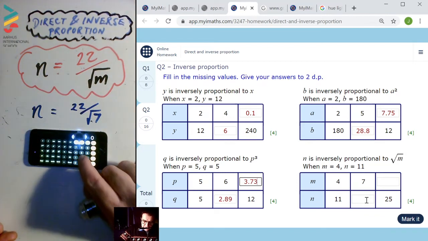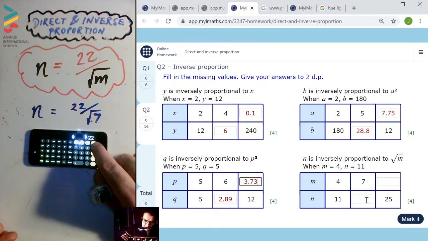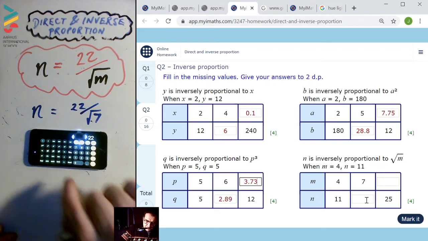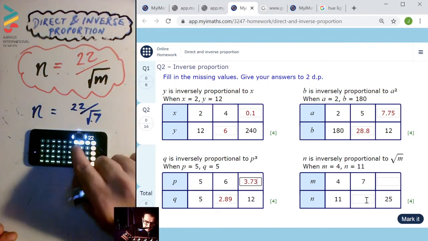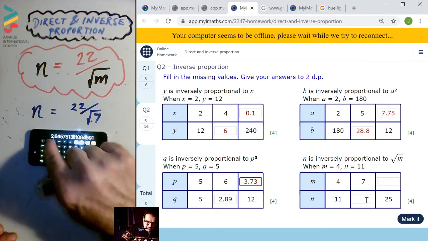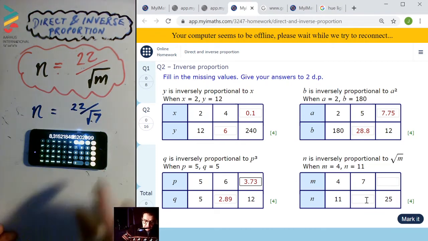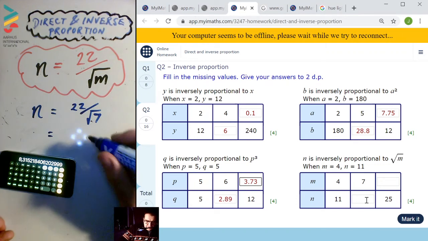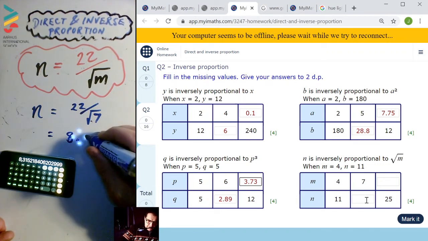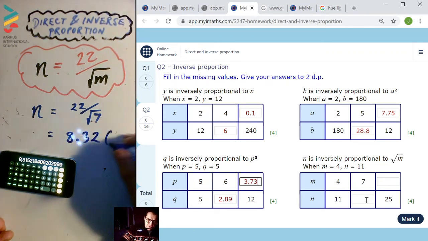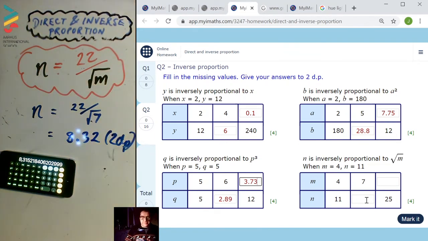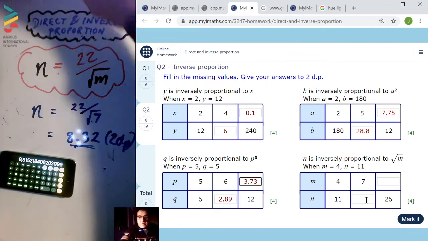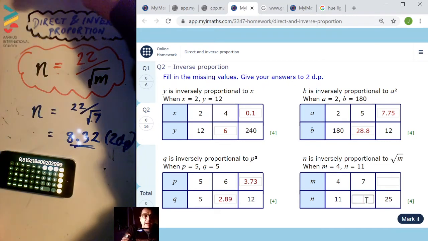So I want 22 divided by the square root of 7 equals 8.315, so that's rounding to 8.32 to 2 decimal places. So in the table, 8.32.